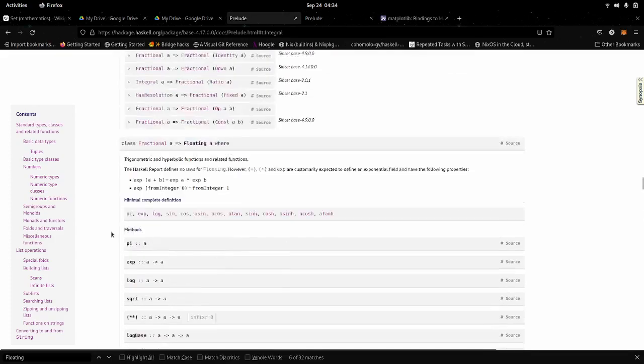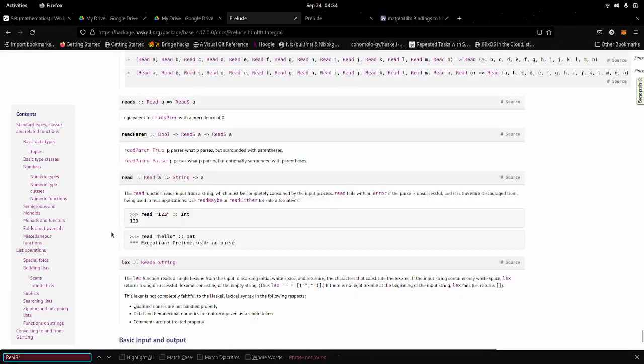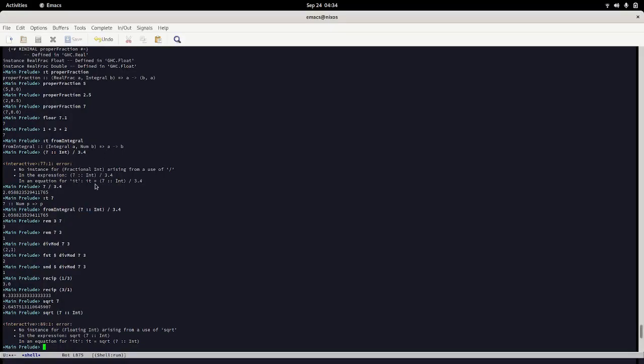And then that leaves just two last ones here. RealFrac, and this is your round type functions. I don't think I've ever used truncate or properFraction. I just used this a second ago. What does this do again?